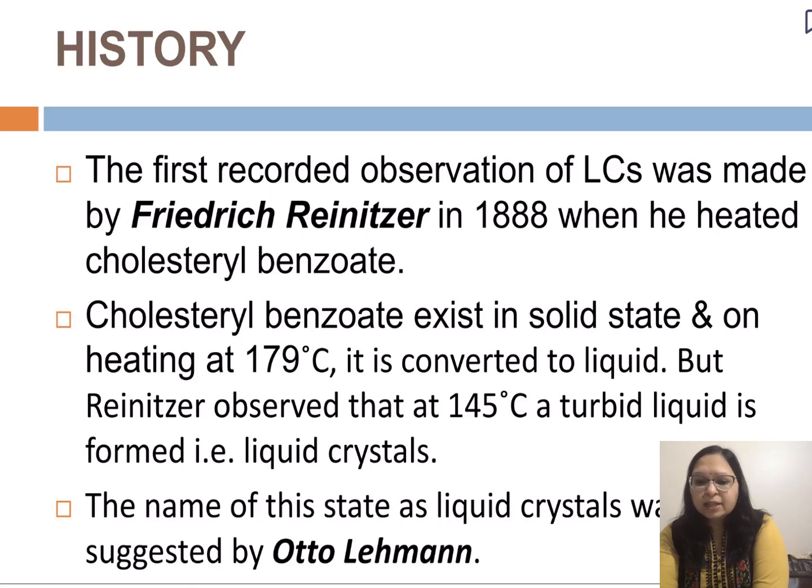This compound exists in solid state, and on heating at about 179 degrees Celsius, it is converted to liquid. But Reinitzer observed that at 145 degrees Celsius, a turbid liquid was formed. This turbid liquid was actually a liquid crystal. The name liquid crystal was suggested by another scientist, Otto Lehmann.